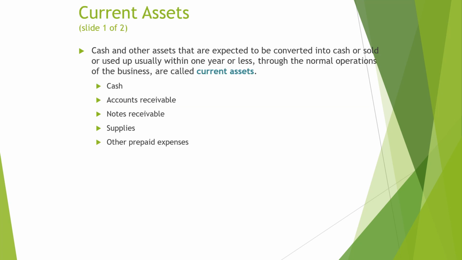Our examples of current assets are expected to be converted into cash. So take a look. Which ones are going to be converted into cash? Well, cash is already cash. Accounts receivable will be converted into cash when we get the money that people owe us. Same with notes receivable. But the other ones are going to be sold or used up within one year or less. So we're going to use up supplies. We're going to use up other prepaid expenses.